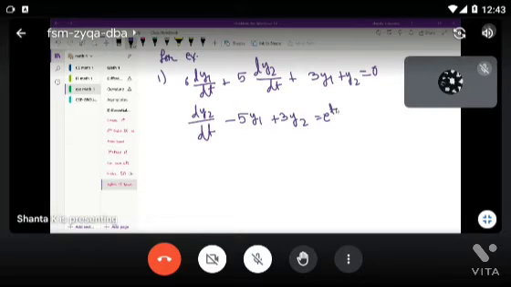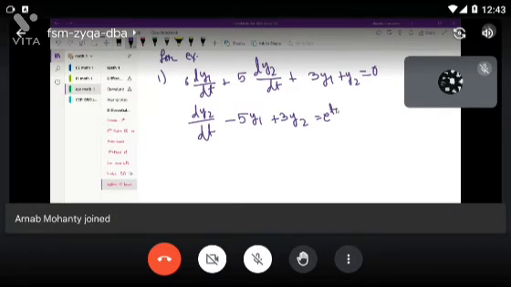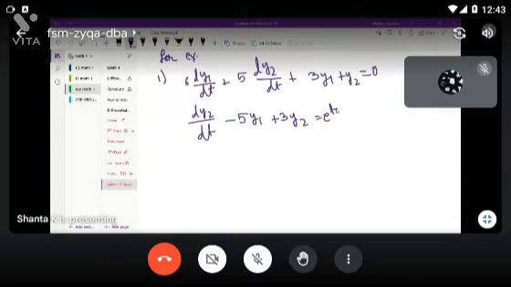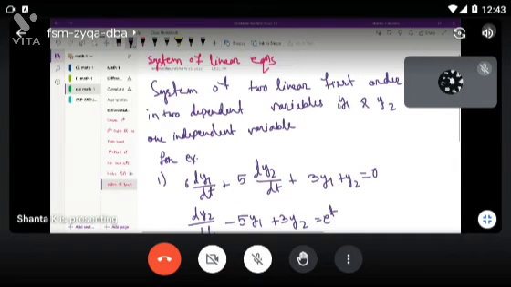Okay, this is the form. So these are simultaneous equations.